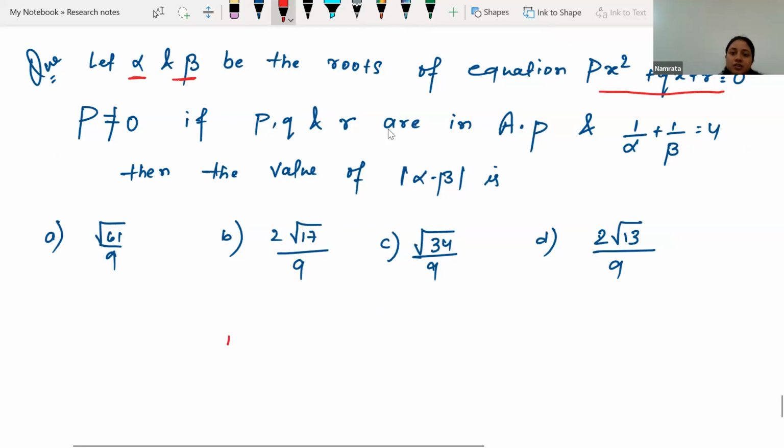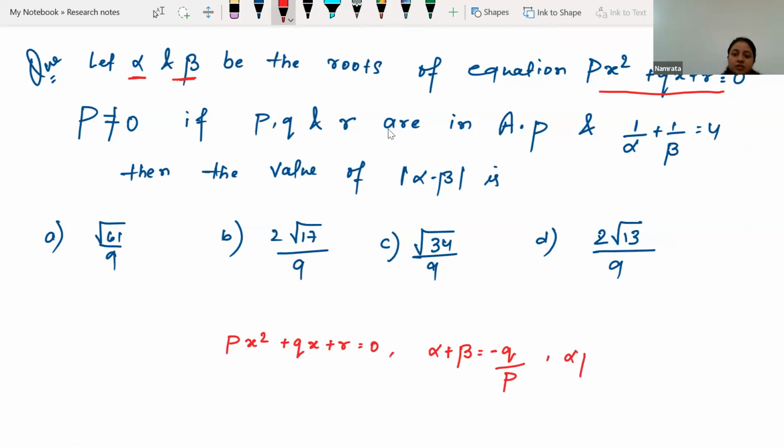Since the quadratic equation is px square plus qx plus r is equals to 0, what will be the sum of roots alpha plus beta? Minus q by p. Perfect. And what will be the product of the roots? r by p. Yeah, c by a.